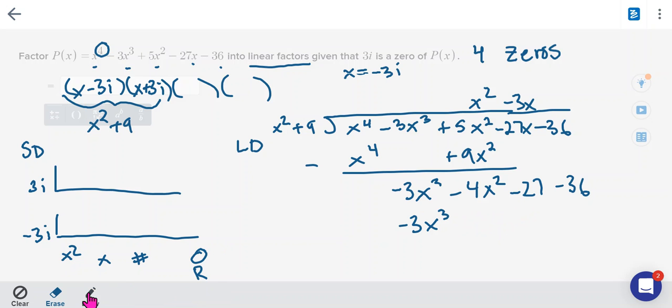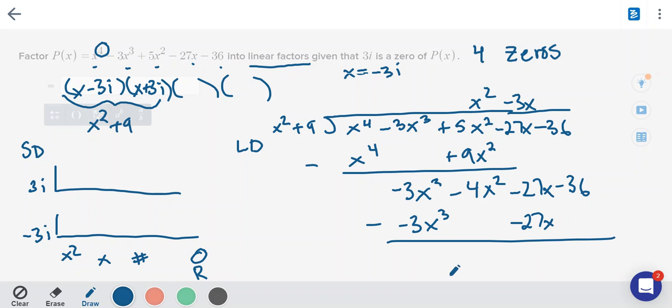Don't want to do that. Subtract. Okay, so we get cross out. And we get minus 4. Okay, so minus 4. Minus, oh, okay, remainder 0. Awesome.